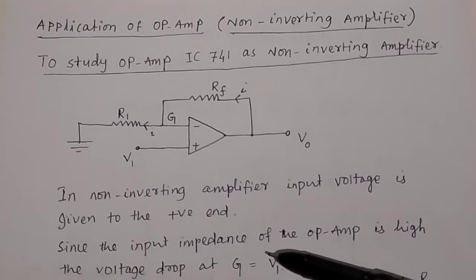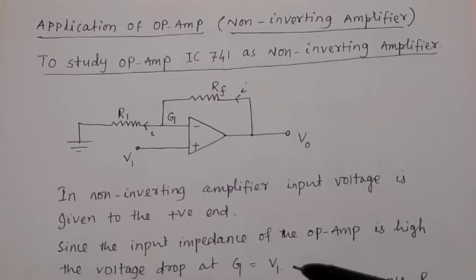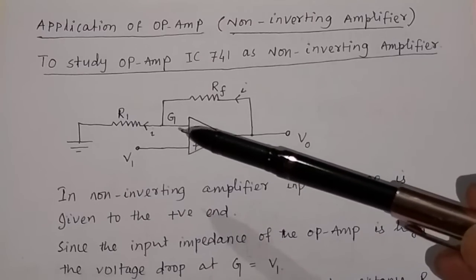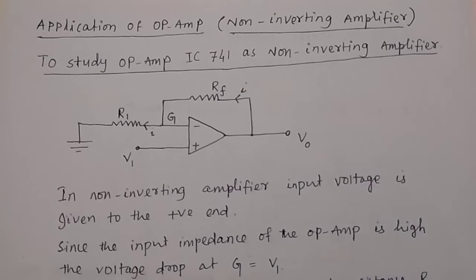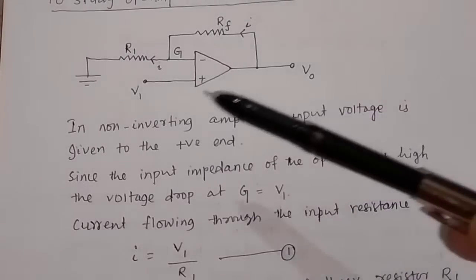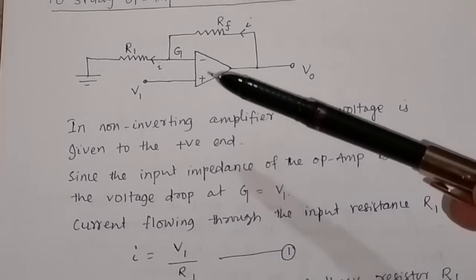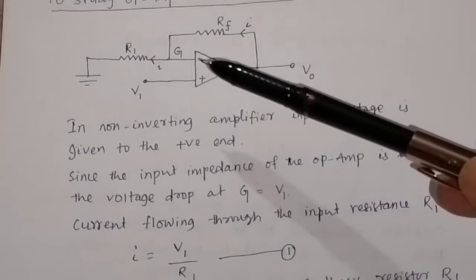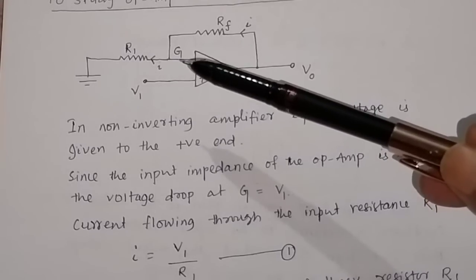Since the input impedance of the operational amplifier is high, the voltage at the point G is equal to V1. The voltage given to the input is V1, but in this operational amplifier you have high impedance at the input, so the voltage drop here at the point G is also equal to V1.